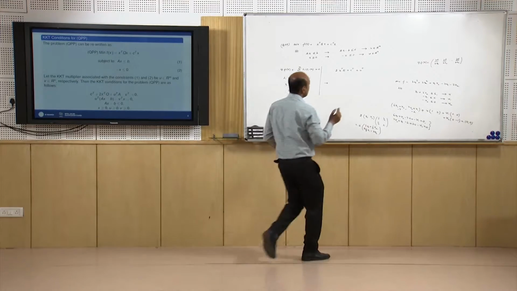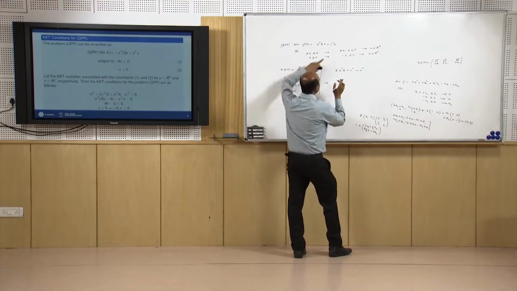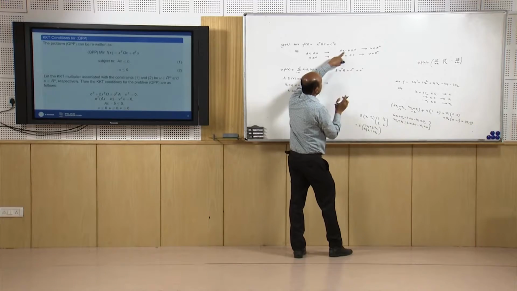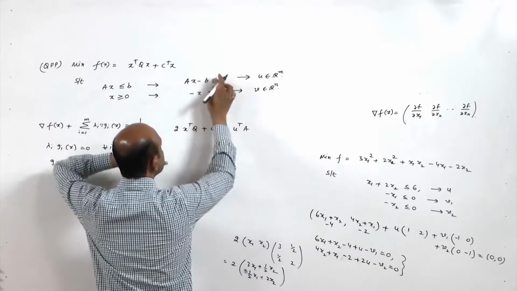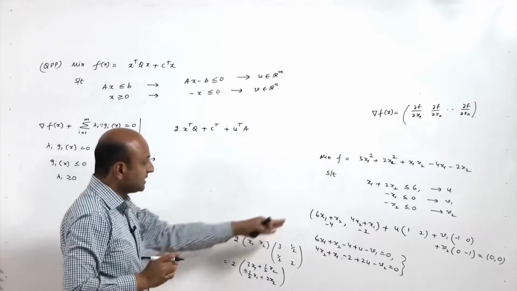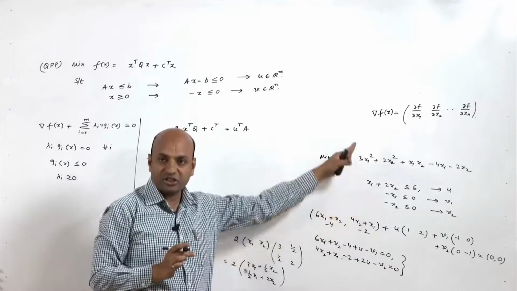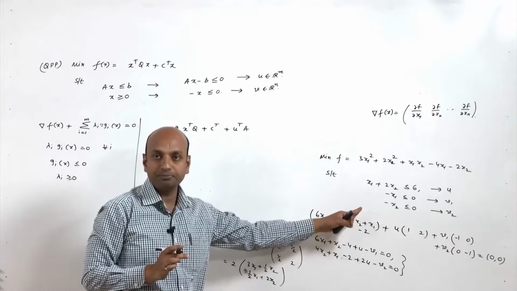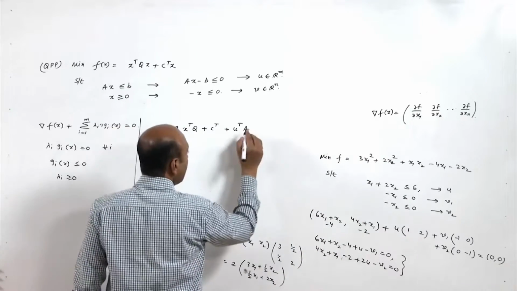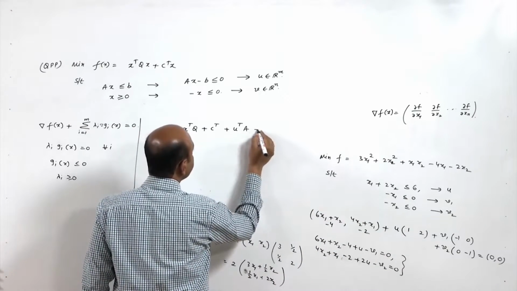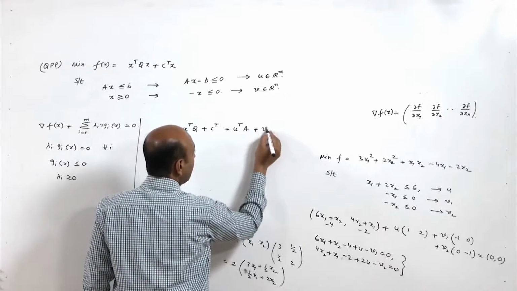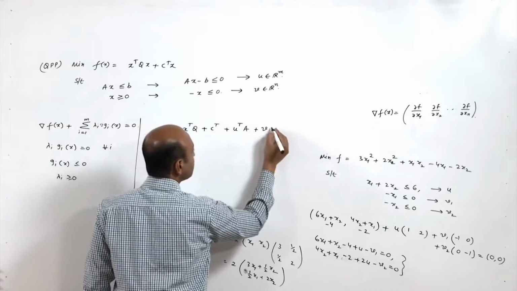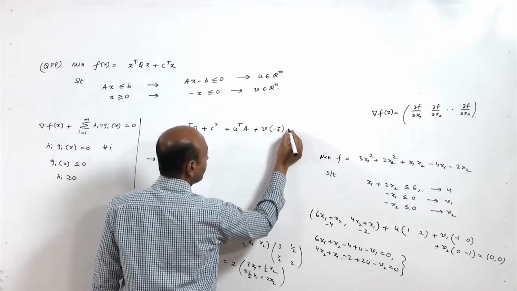So it is u transpose times the gradient of the first constraint, which is A; the gradient of this is nothing but A. You can easily see this if you write the KKT conditions for this particular problem. And then minus v, and the gradient of this is nothing but minus I, which is equal to 0.